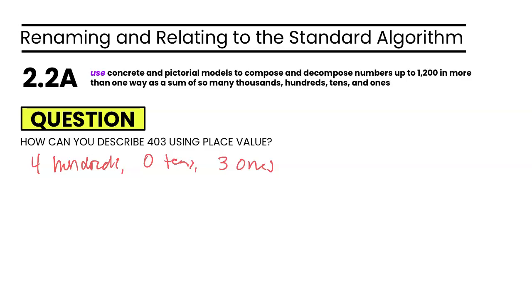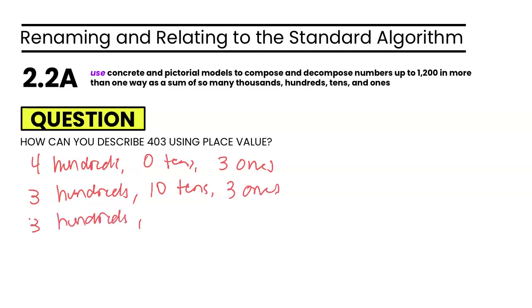Another way that we could do this is perhaps by saying 3 hundreds, 10 tens, which represents the other 100, and 3 ones. We could go even further and say that this would also be the same as 3 hundreds and then 9 tens to go along with 13 ones. This is a skill that your students learned how to do in second grade.